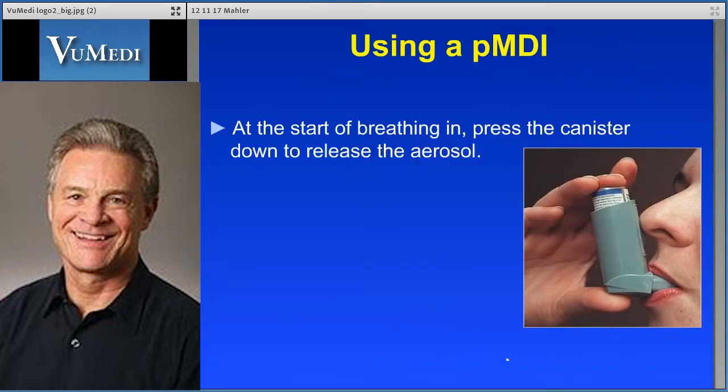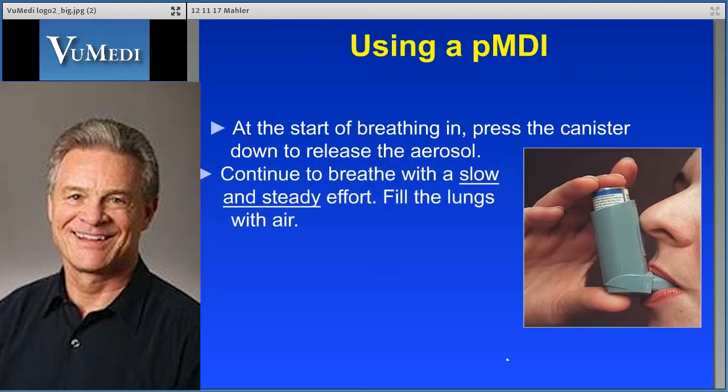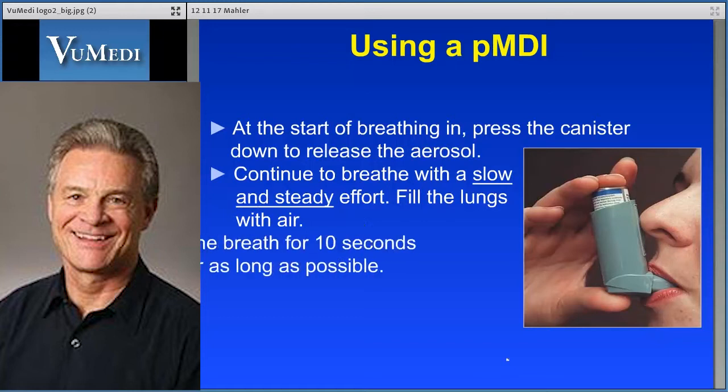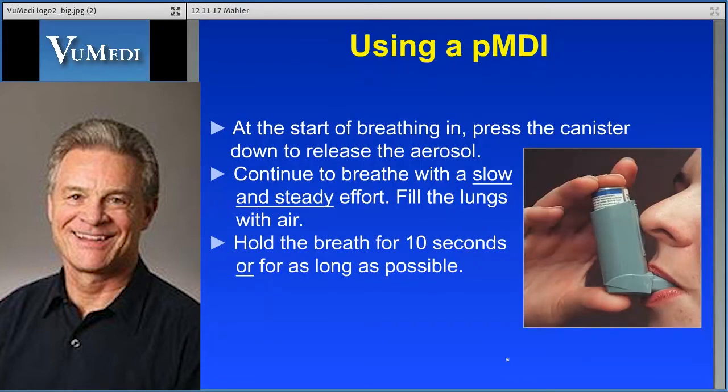For using the metered-dose inhaler, at the start of breathing in, press the canister down to release the aerosol. Continue to breathe in with a slow and steady effort. Fill the lungs with air. Hold the breath for 10 seconds or for as long as possible.